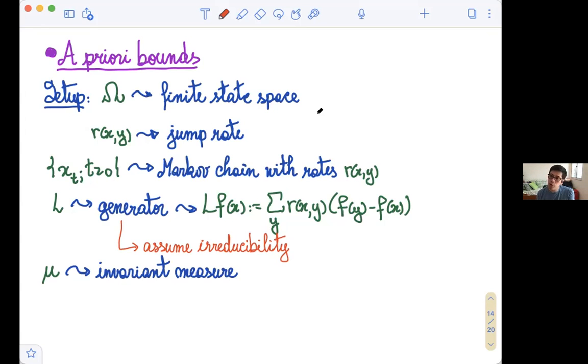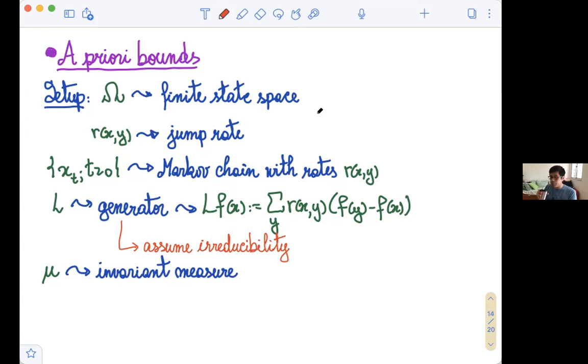Of course, in space you cannot take continuous derivatives for finite state spaces, but at least to have it in time is good. Okay, so let me call X_t the Markov chain with rates r(x,y).